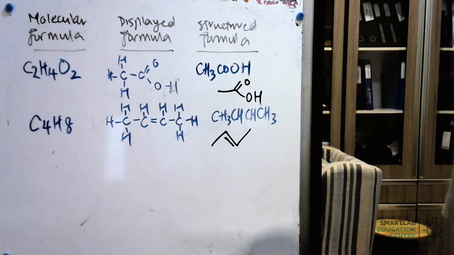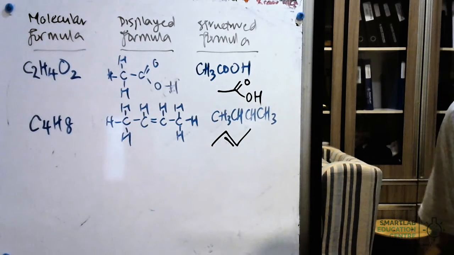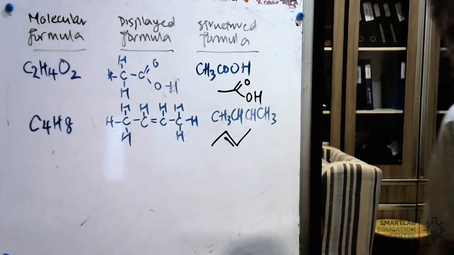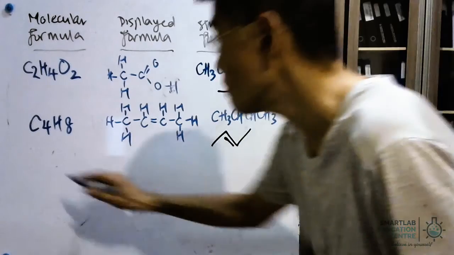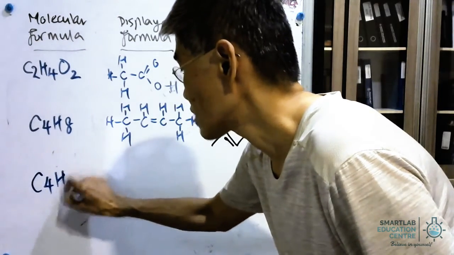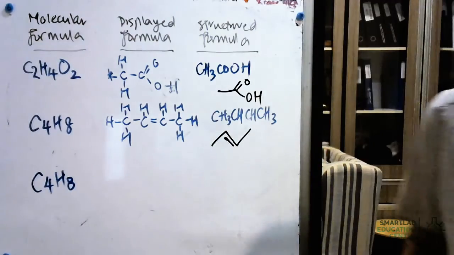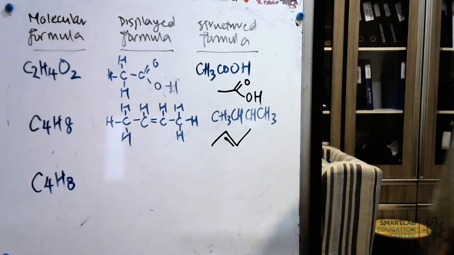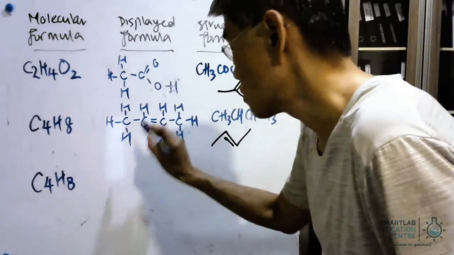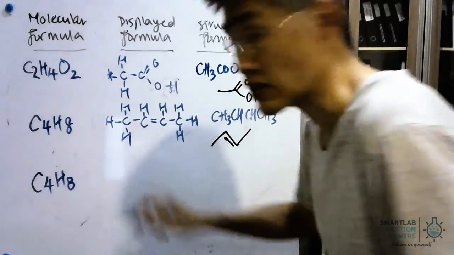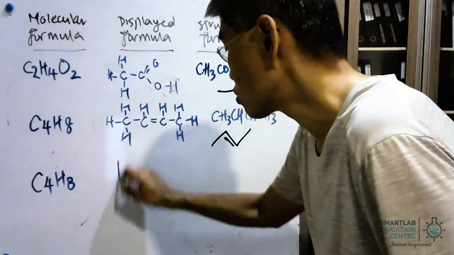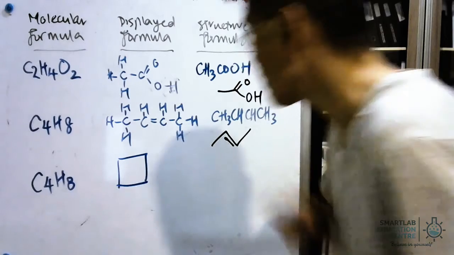Aside from that, we'll look at a few other, more interesting structures. For example, this one will be none other than cyclobutane. It just so happens that the molecular formula is still C4H8, but in this case we're going to depict it by drawing the displayed formula. In terms of the displayed formula, you could use a line structure to depict it.